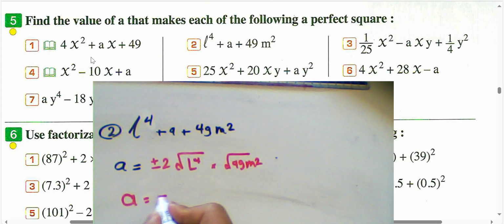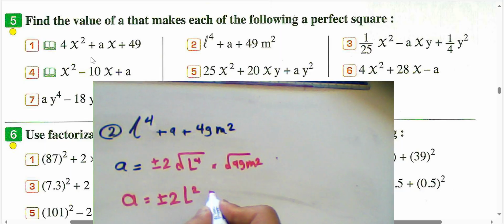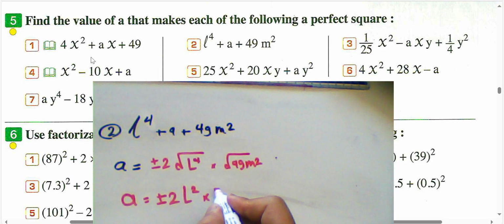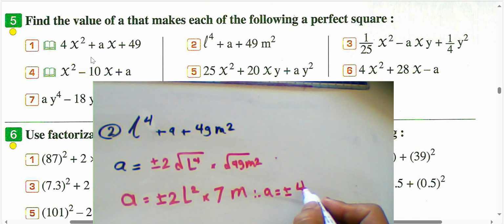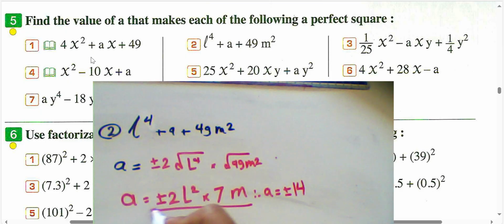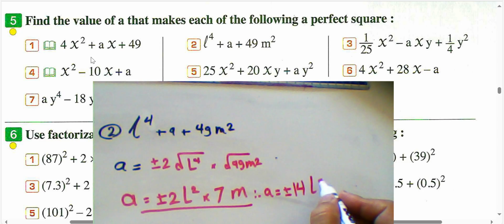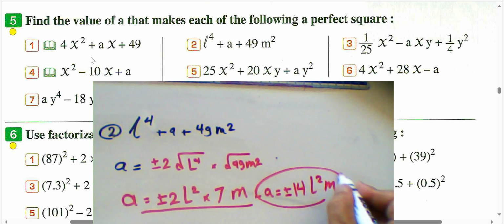Then the value of A equals positive or negative 2 times 10 power 2 times the square root of 49, which is 7m. The value of A equals positive or negative 2 times 7, 14. Here the power 2 and m. It's the value of A.